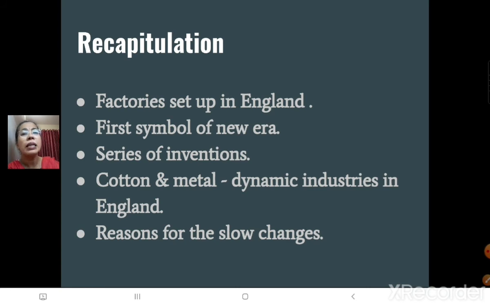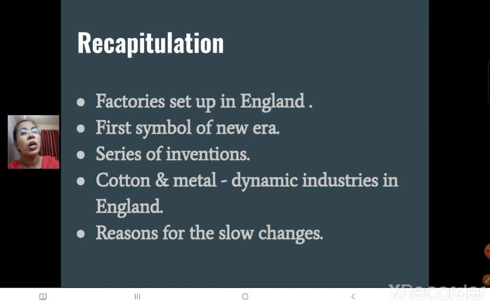We could also understand that the factories became an intimate part of England. Then we saw through the process that cotton was a leading industry in the beginning. But later, iron and steel led the way due to the expansion of the railways in Britain as well as in the other colonies.